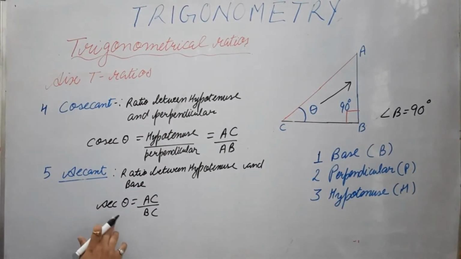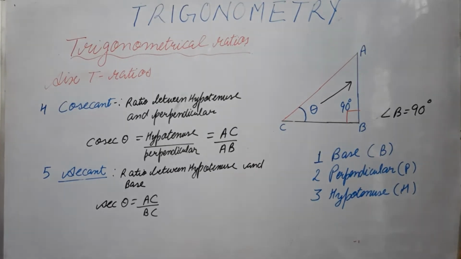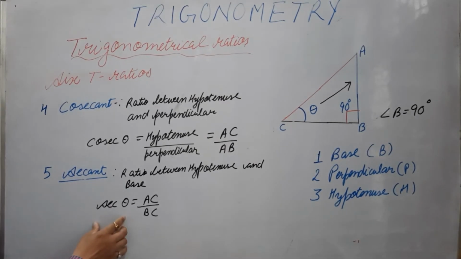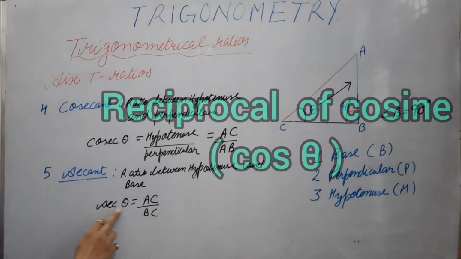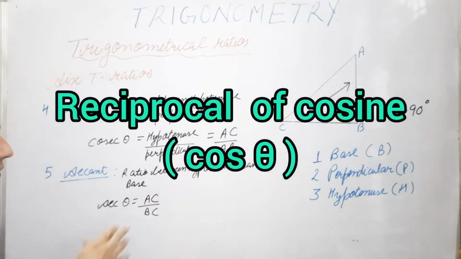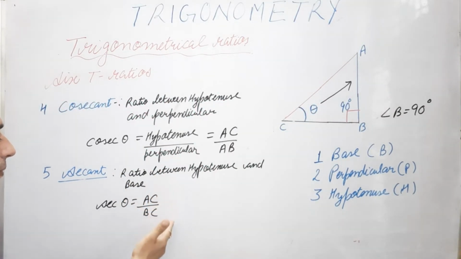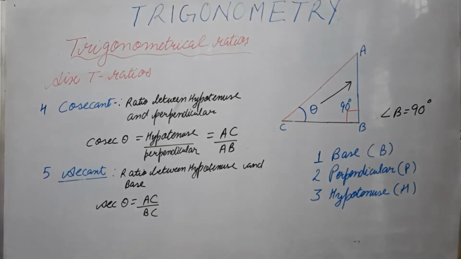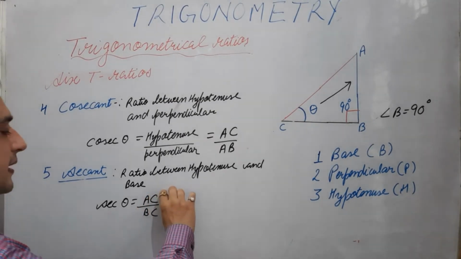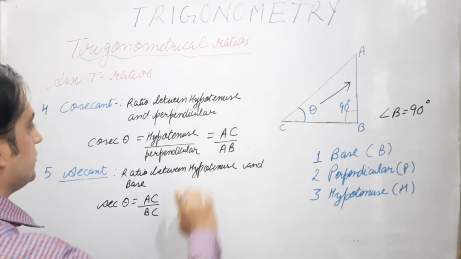This secant theta is the ratio between the hypotenuse and the base. Again, you see, it's the reciprocal of cosine. Cosine was base by hypotenuse, so it is hypotenuse upon base. Again, it's a ratio between the sides.